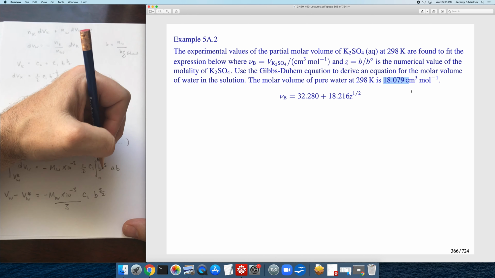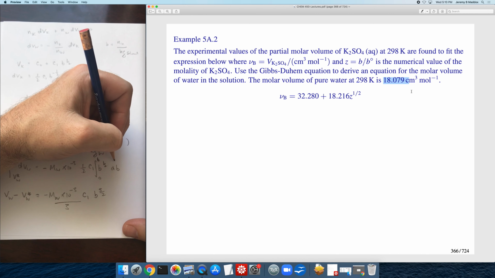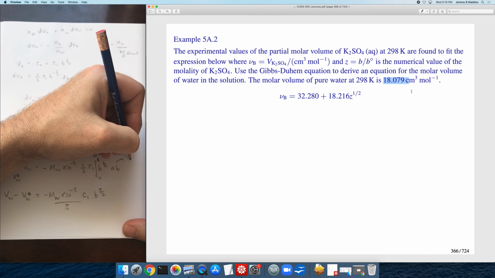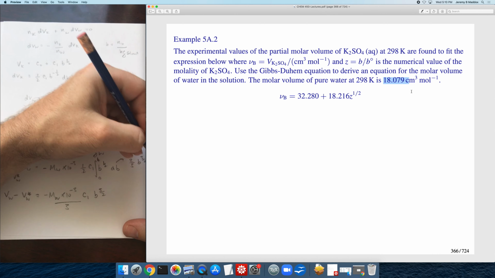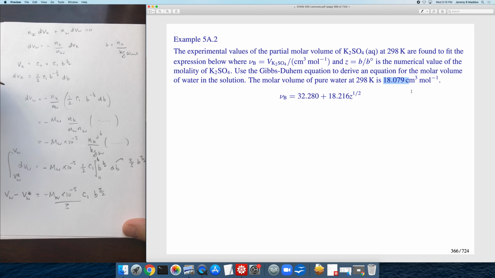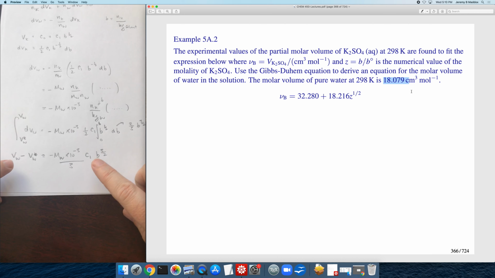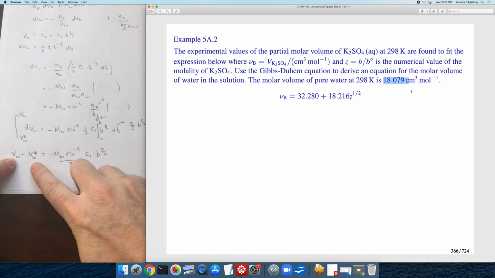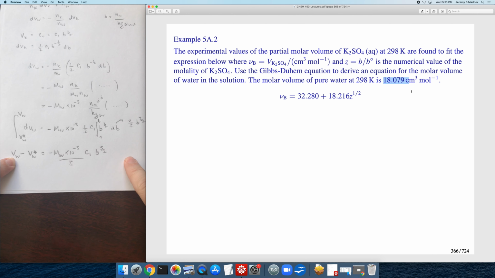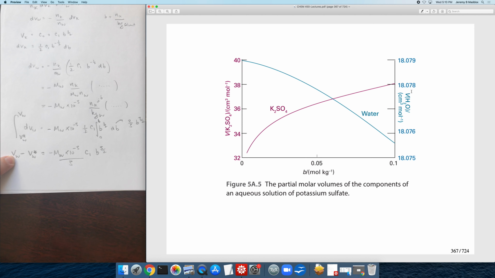So the integral is 2/3 B to the 3/2. And so this is the function that we were being asked to find. We need to still put the VW star over on the other side, but once you do that, that's the answer to this problem.